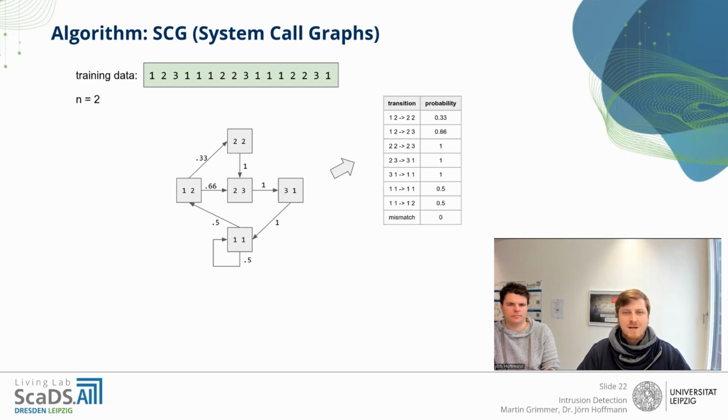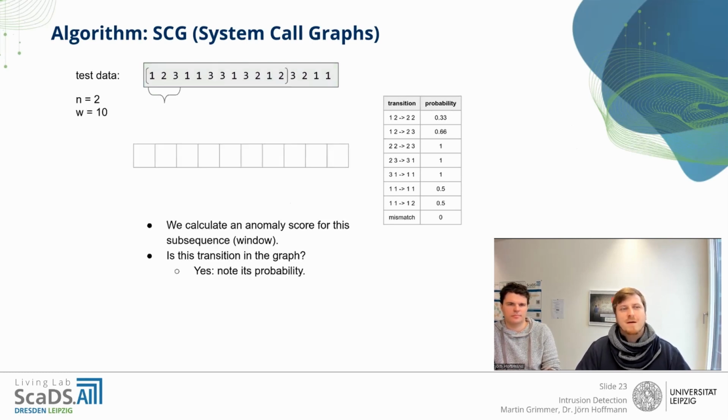This is a lookup table where each transition from this graph is mapped to its probability. So if we have some test data here, we want to give a subsequence of length 10, from here to here, one anomaly score, which we can use to differentiate between anomalies and normal behavior.